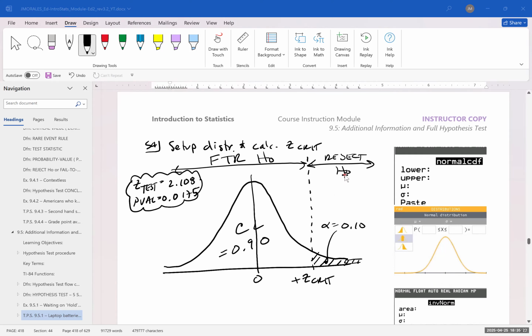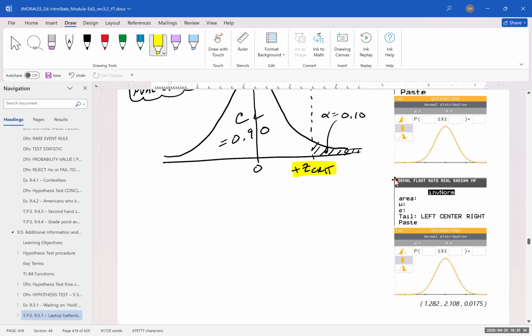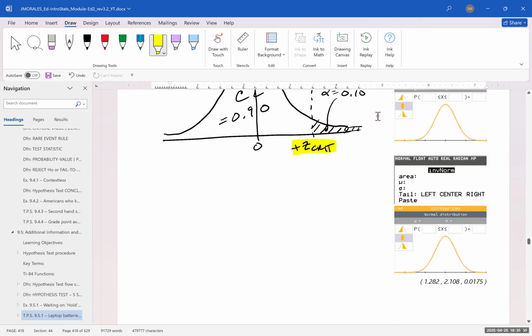Okay, so we want to know where our test statistic is going to be relative to this critical value. So we need to calculate the critical value from this area of significance level. For that, we'll use inverse norm. So we're going to have an area of 0.10 with a mean of 0, standard deviation of 1, area to the right.